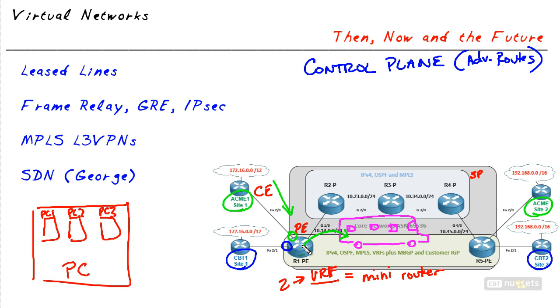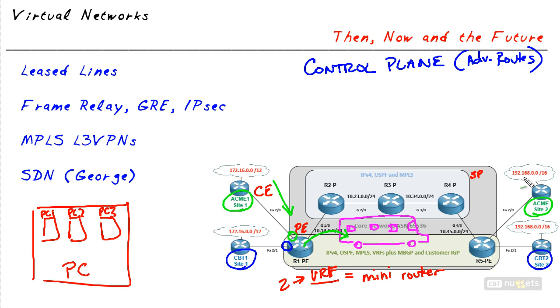Now, in the process of putting these routes into this transport mechanism, the school bus, there's going to be a lot of information added to those routes that identify that, hey, this route came from Acme Site 1. It's part of Acme's virtual private network space.